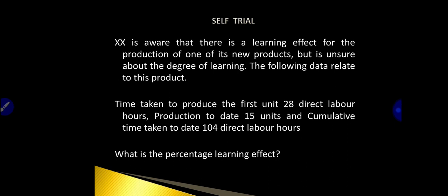The following data relate to this product. The time taken to produce the first unit was 2080 direct labor hours. Production to date, 15 units. And the cumulative time to date is 104 direct labor hours. What is the percentage learning effect?